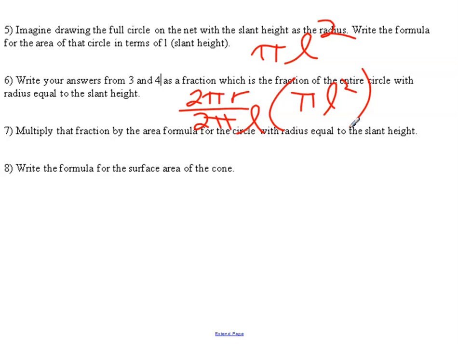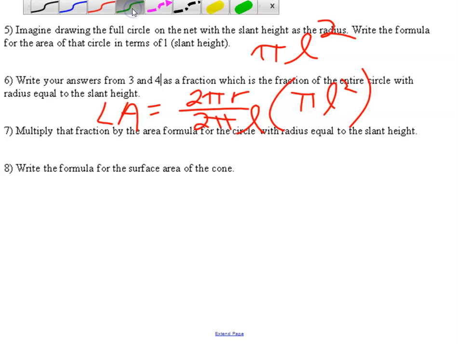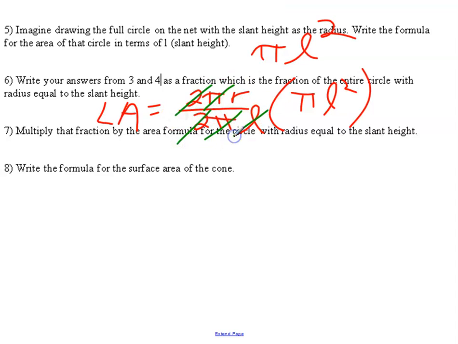And this is what we call the lateral area. It's the total surface area of the lateral piece, not the base. So now we can simplify this, can't we? The pi's cancel, the 2's cancel, and the l's cancel. Well, you have one l left, right? Because that's l squared. So lateral surface area is pi r l.